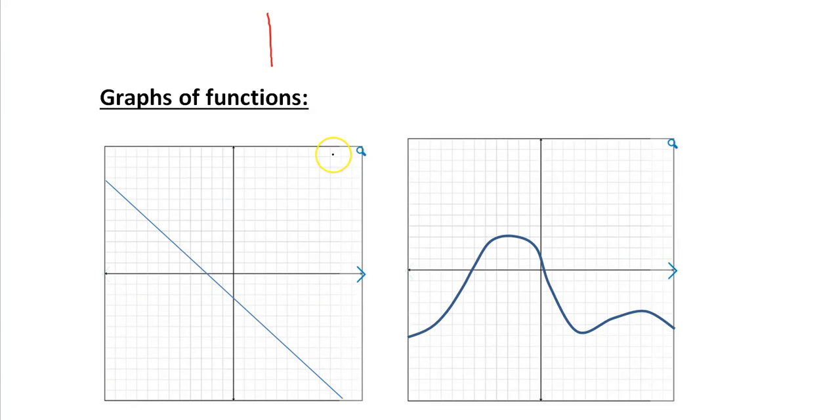All right, so I'm going to talk about graphs of functions, and I want to be real clear that every single line ever, with one exception, is a function. So the one exception is when you have a vertical line. There are infinitely many solutions, and not every input is going to have an output.